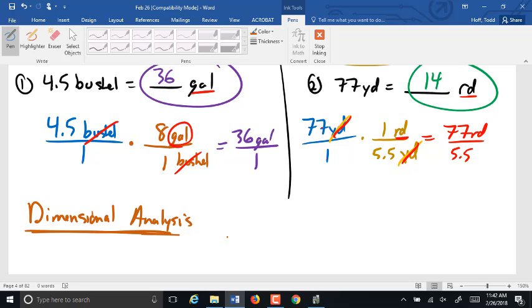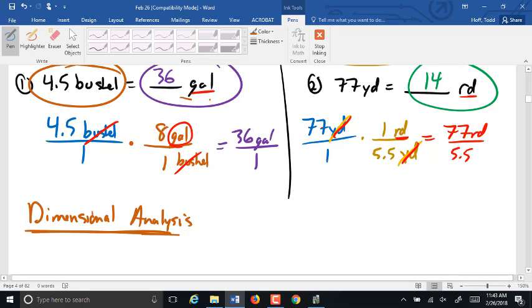We know what we're starting with and where we want to go with it, and we allow the dimensions to determine the calculation from there. For example, here we started with bushels and we wanted to go to gallons. Well, we let the dimensions tell us where to put things in this conversion factor, and then the operations just followed from that.